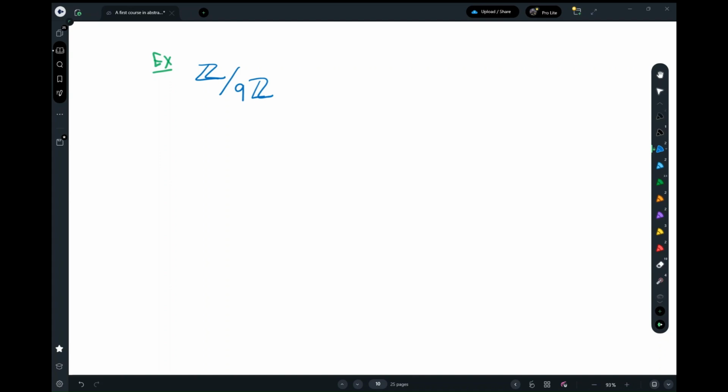So to consider it multiplicatively, what I'm going to do is consider the things that are invertible in Z modulo 9. So I'm going to consider that multiplicatively. So these are the classes modulo 9 that have a multiplicative inverse.